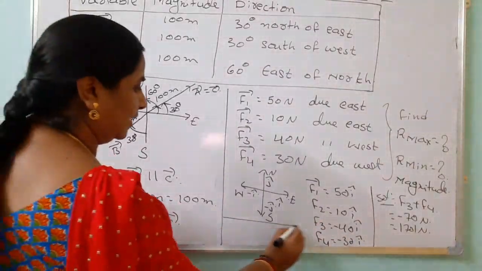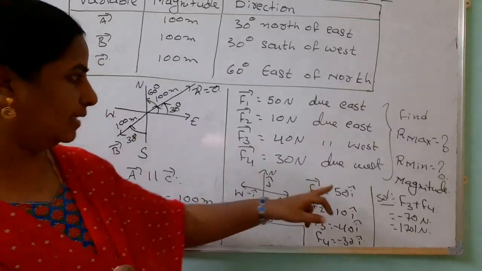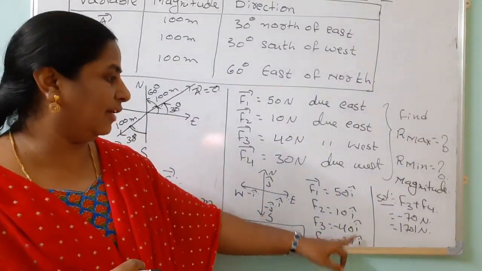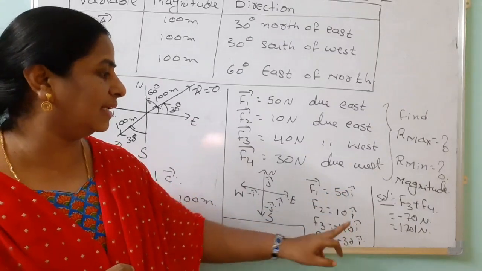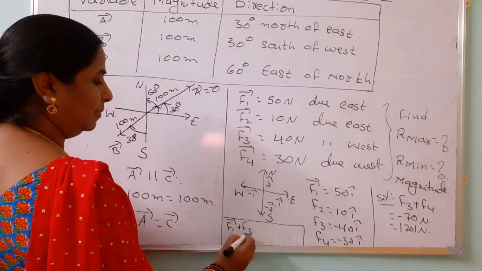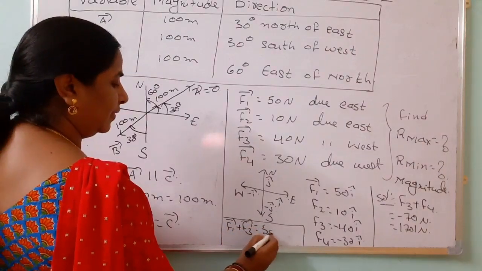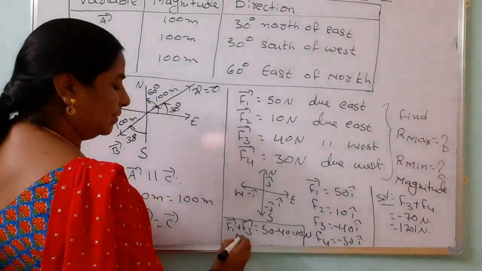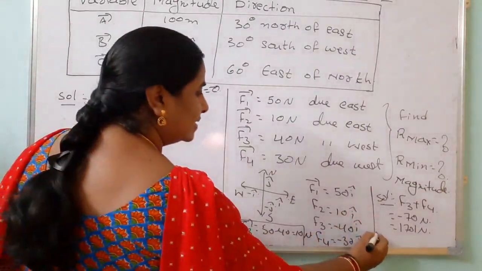Look here, I am solving it. See, this is 15, this is 10, 40 and this one. When you add F1 bar plus F3 bar, 50 minus 40 is 10 newtons. So this is the minimum and this is the maximum.